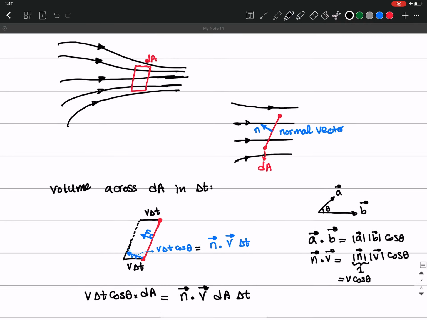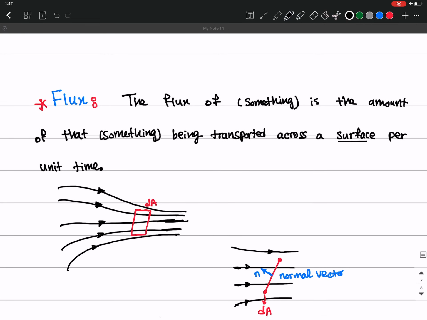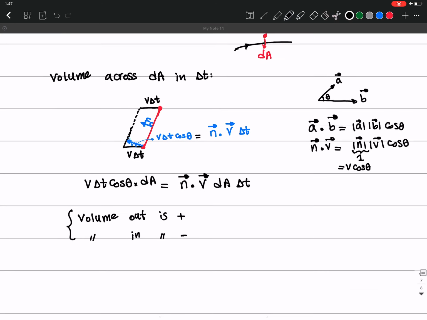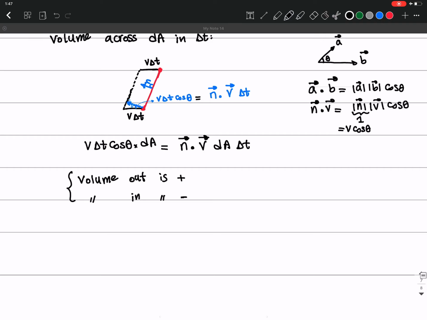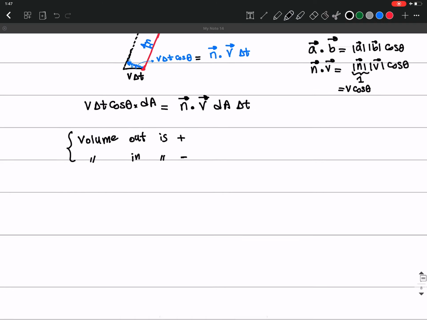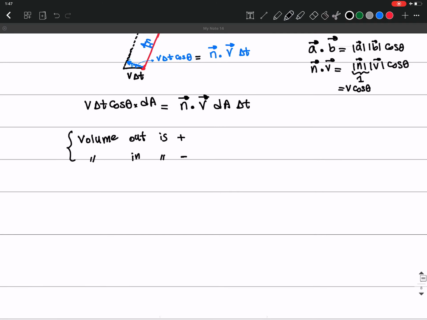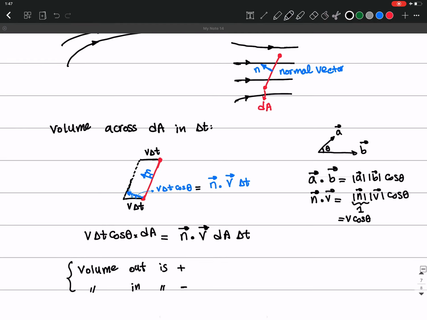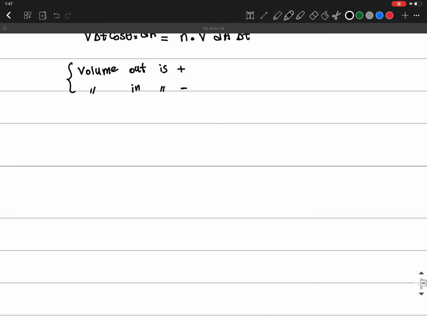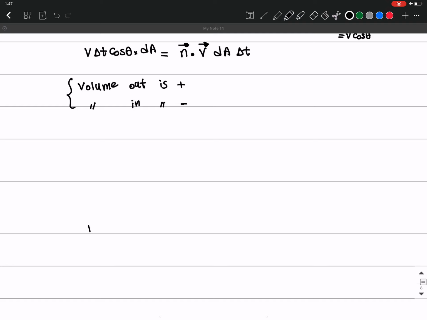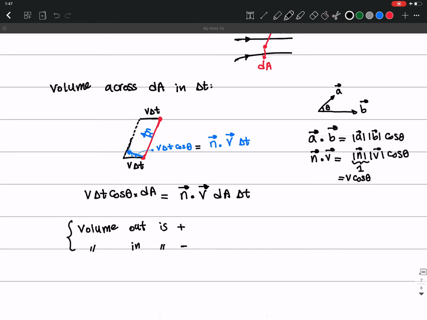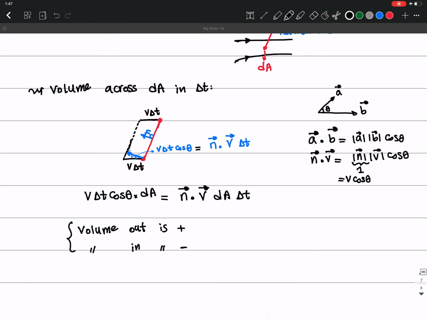So based on these definitions, now I want to define flux, which is the amount of something that is being transported across a surface per unit time. Okay. So let me define the flux here. So we can define first volume flux. So the volume flux is what we just actually derived here.